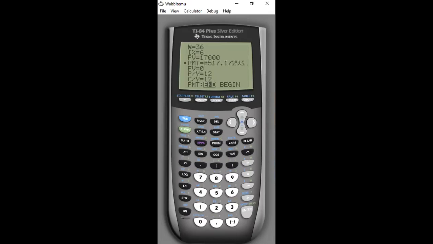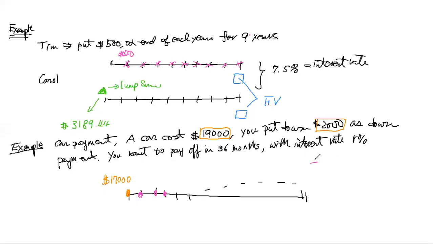So let me stop sharing here and share back to my whiteboard. Okay, so what we calculated is 517.17. That means at the end of each month, your payment is 517.17.